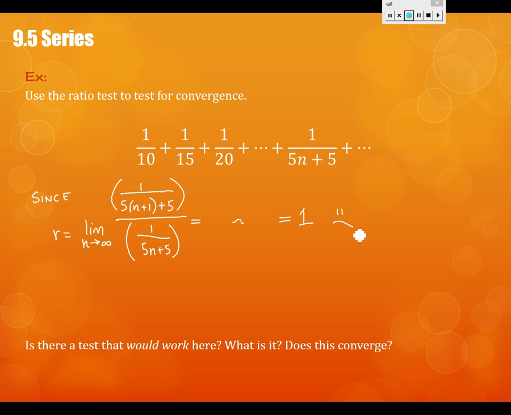If I gave this to you in your warm-up today, what would you have said? Yeah, I might compare this to 1 over n. I think this diverges. So the ratio test is not the be-all and end-all. Some of your other tests work great too.